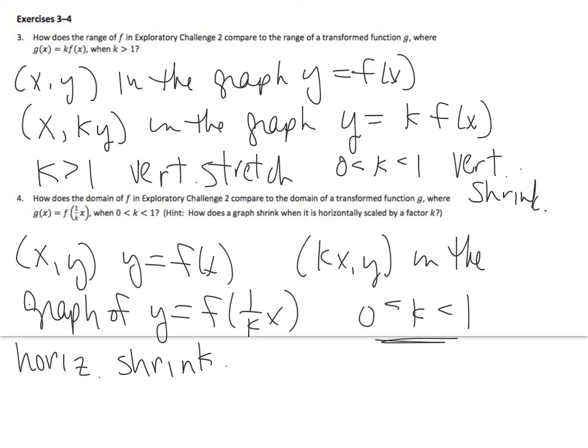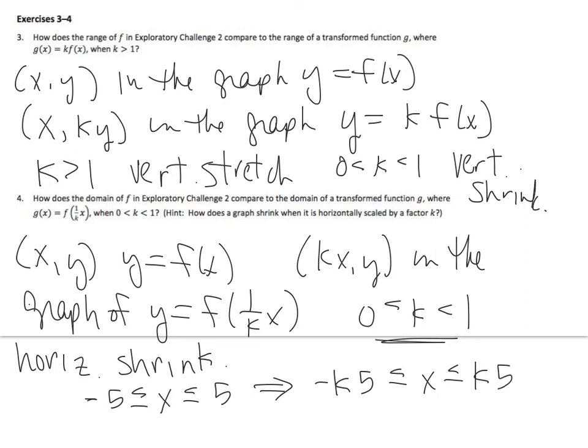So if my domain for that original one was between -5 and 5, my domain becomes -5k to 5k. I don't think I finished that up here.